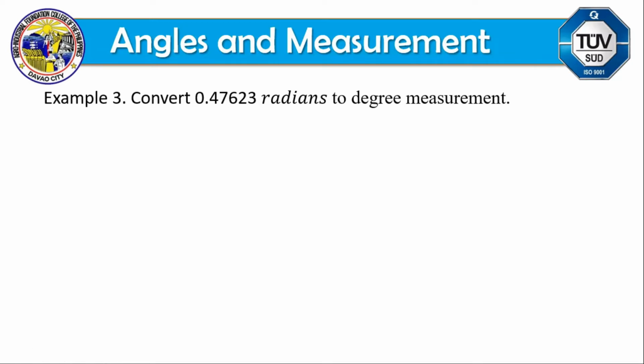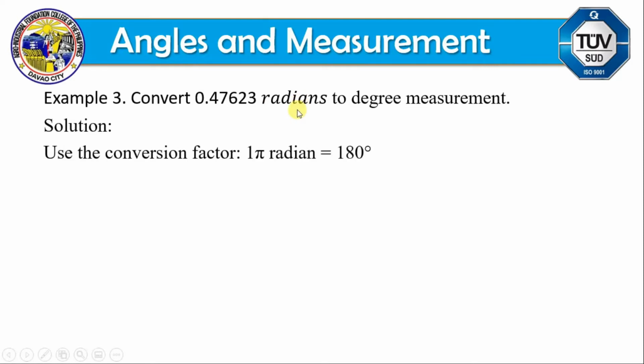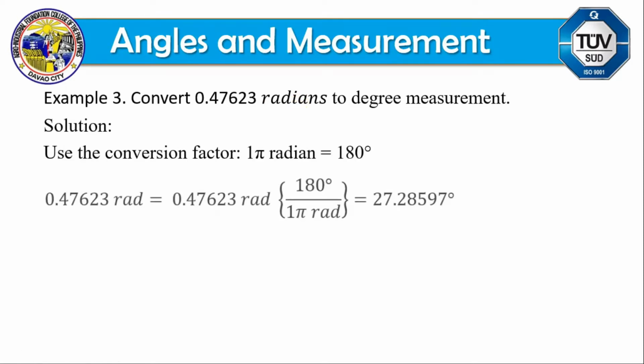So, ito medyo komplikado na kasi 5 decimal places yung given in radian measurement. But still the same application. Yung given natin, multiply lang natin ng conversion factor natin. Nasa ilalim pa rin yung radian na conversion factor. Magka-cancel out yung rad.